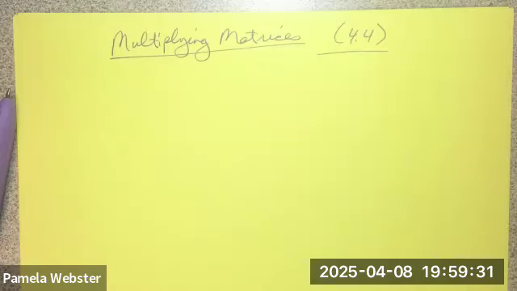All right, everybody. Let's wrap up our basic matrix operations. We're going to talk about multiplying right now, and there's a couple of different ways we might be doing some kind of multiplication.